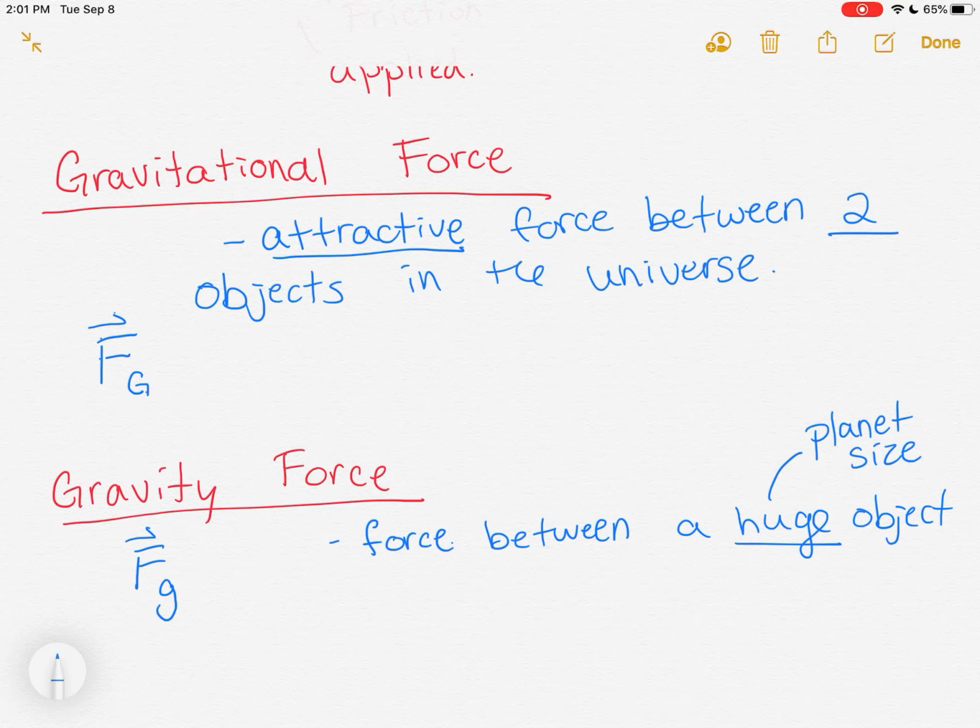So like the Earth, and a small object on its surface, or close to the surface.